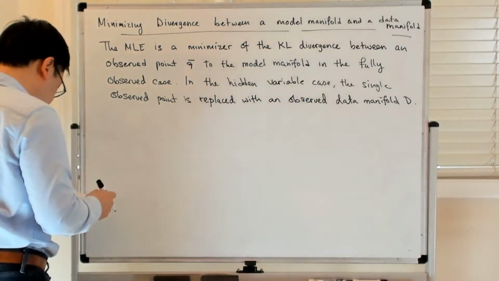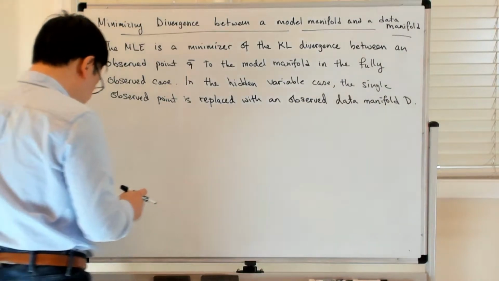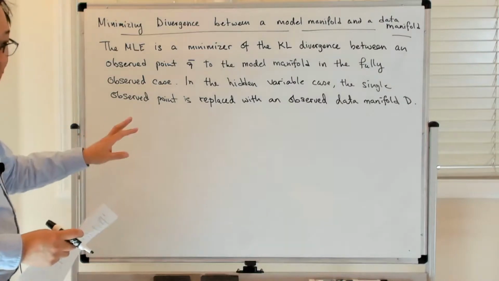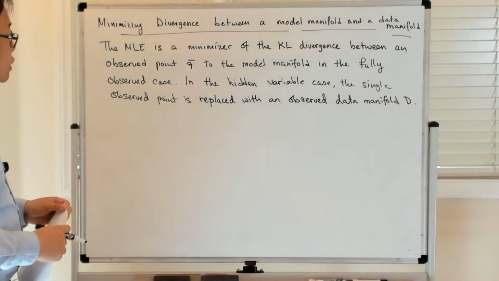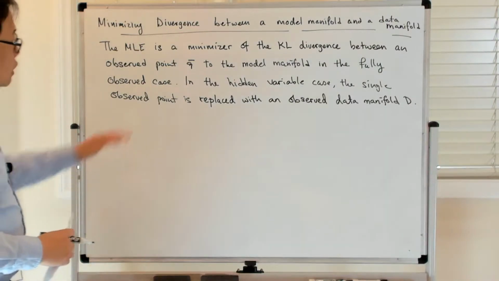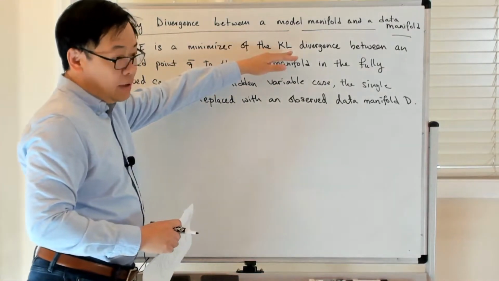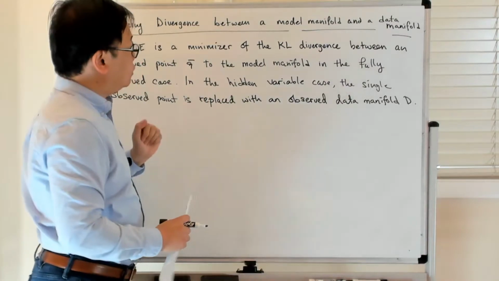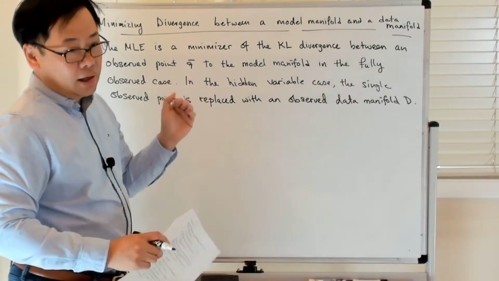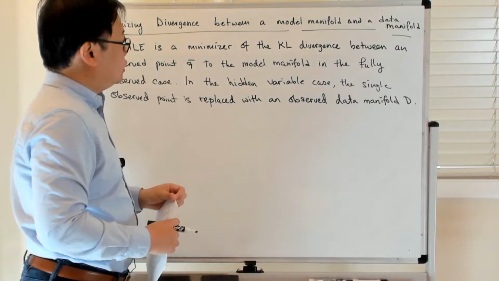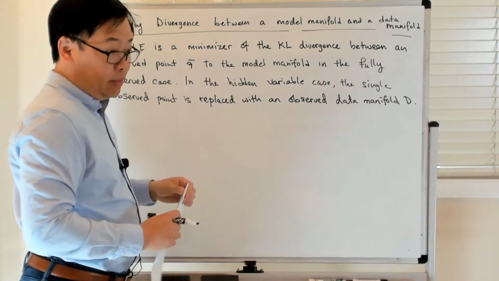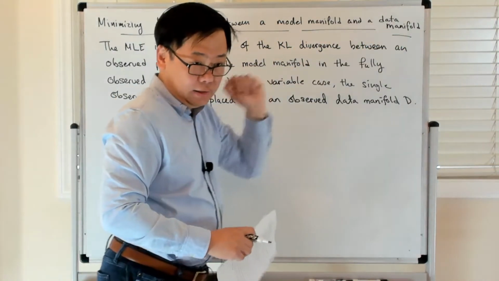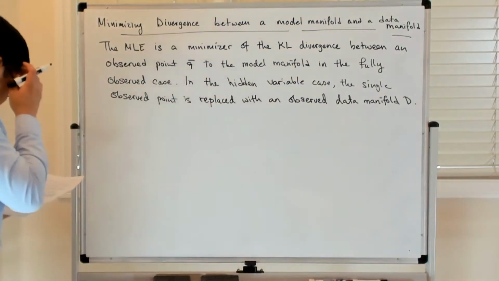Now the question of estimation can be cast in terms of looking at a minimizer of KL divergence, but instead of between a point and a model manifold, between a model manifold and a data manifold. So that's what we'll do now.